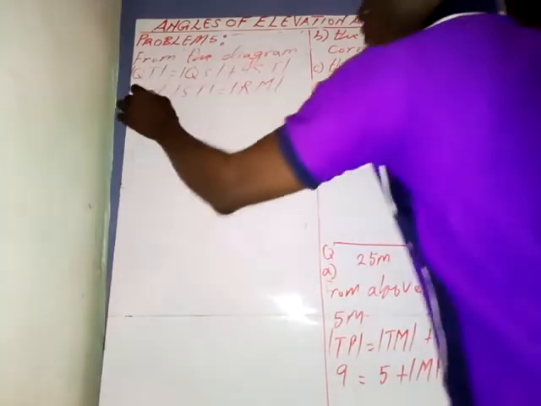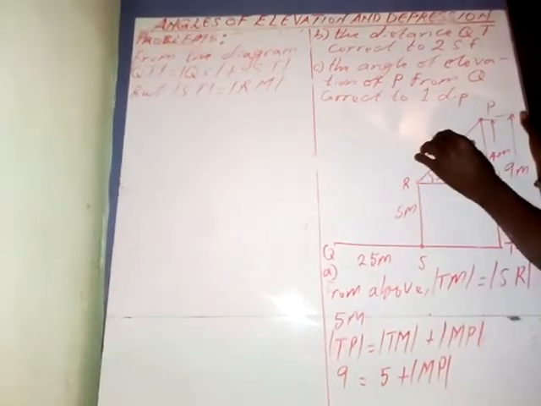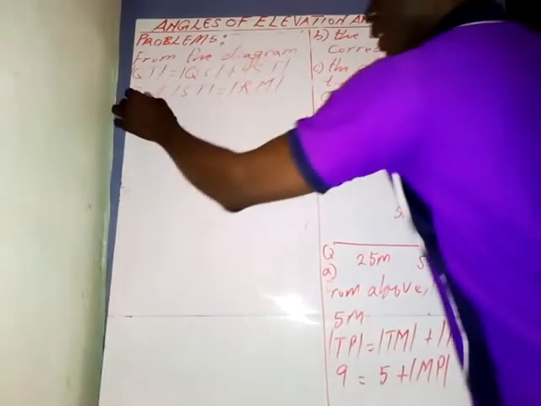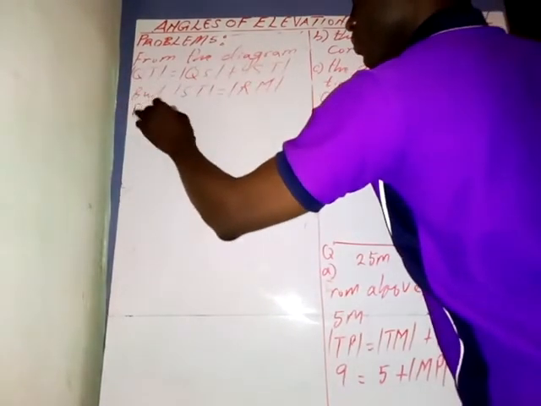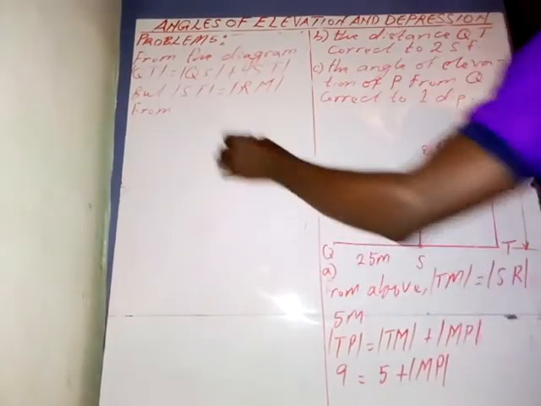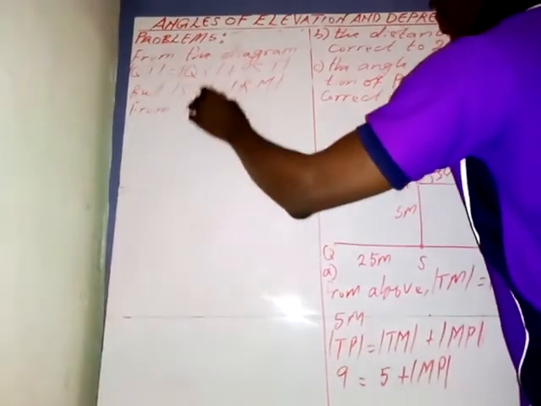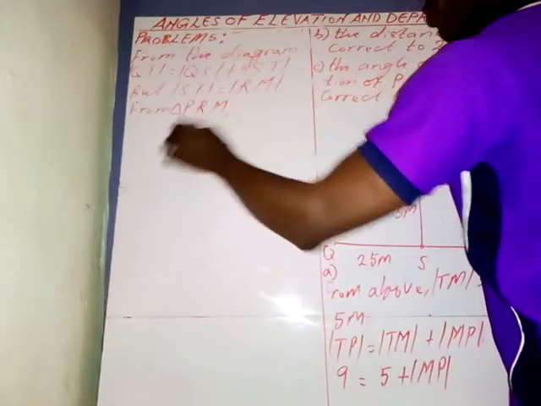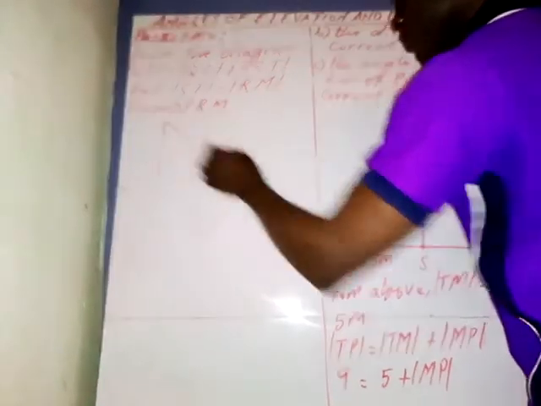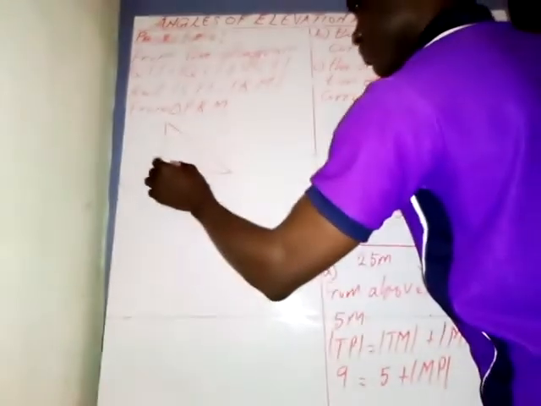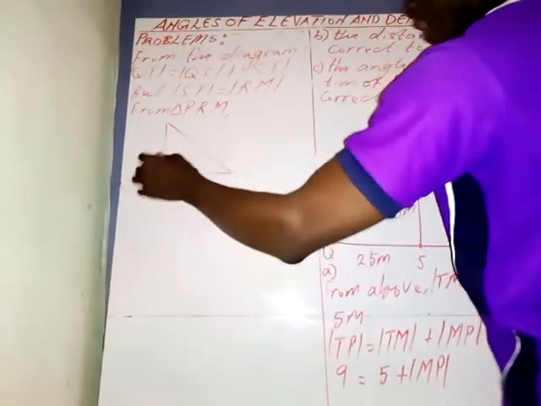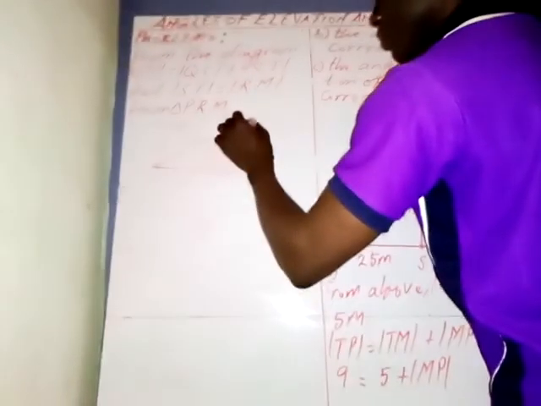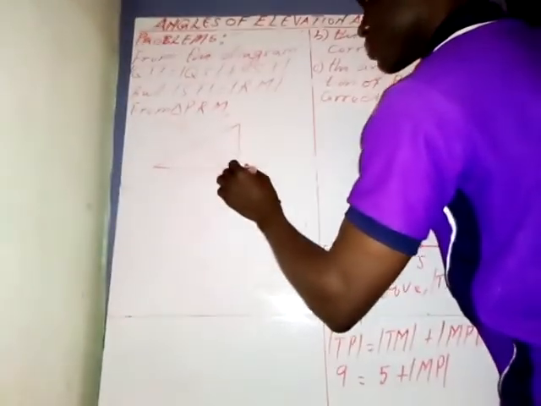So from triangle PRM, I will draw the triangle. So it looks like this. Let me draw it in the form that it is there, so that you will not be confused.